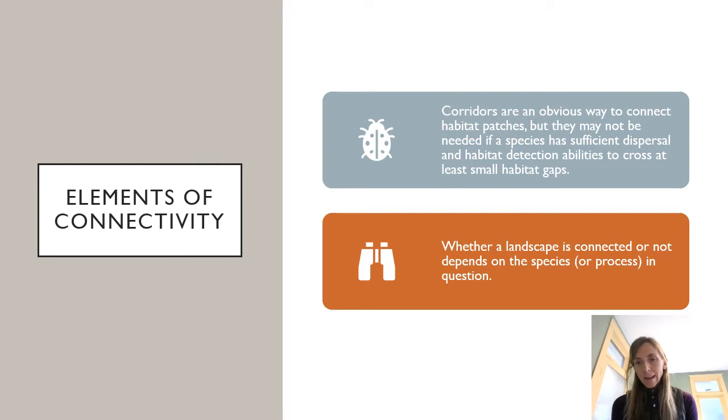So there's a lot of thought and energy put into connectivity analyses that bear on the best available science for our understanding of organisms in question and their dispersal abilities, their dispersal distance, to help us understand their willingness to move between patches, even in the absence of corridors.